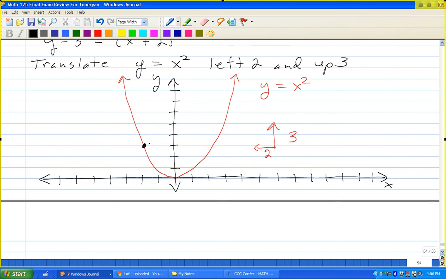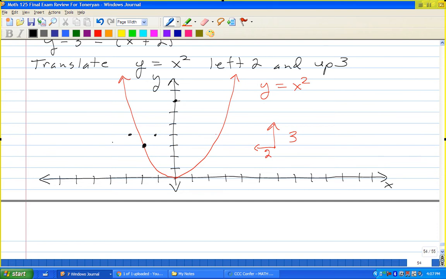Okay, and now let's sketch it. So you're going to go over 1, up 1, over 2, that'd be up 4. So 1, 2, 3, 4.